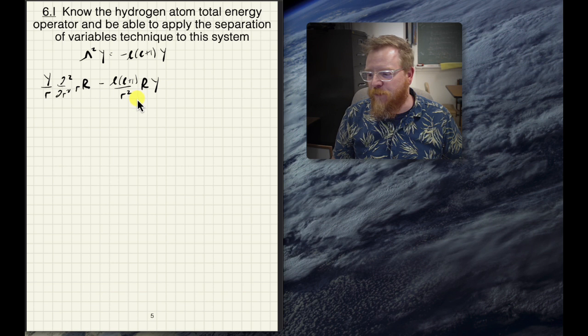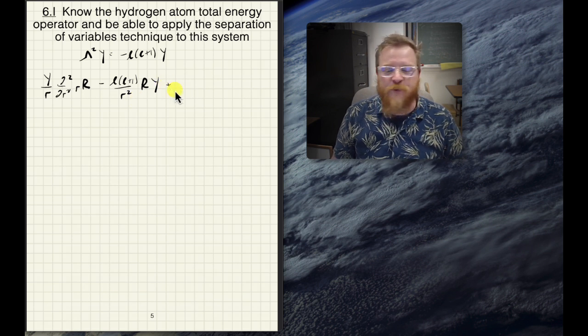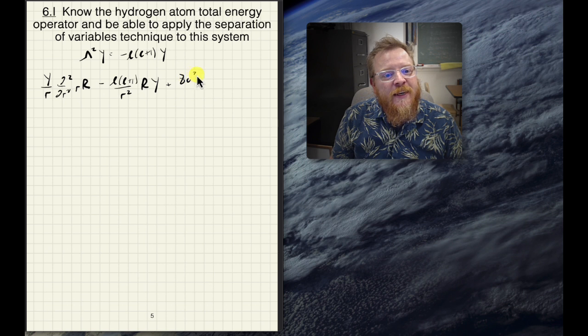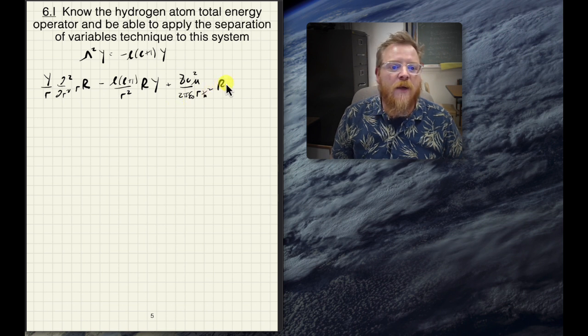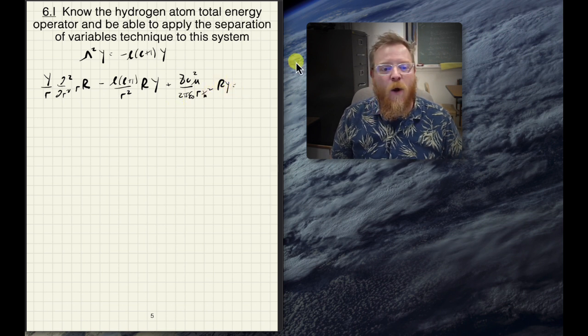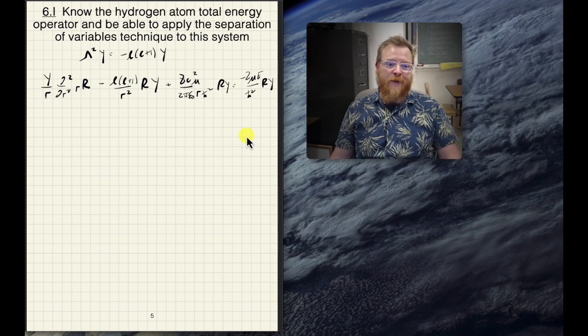My r was out in front before, but this is sufficient the way I've written it. And then I'll write that as Ze squared times mu over 2 pi epsilon r h bar squared. So I took care of the 2 over 4 times ry. And now all that equals -2 mu e divided by h bar squared times ry.